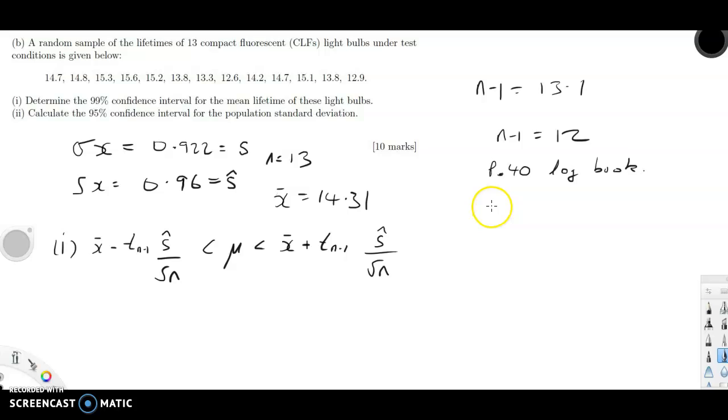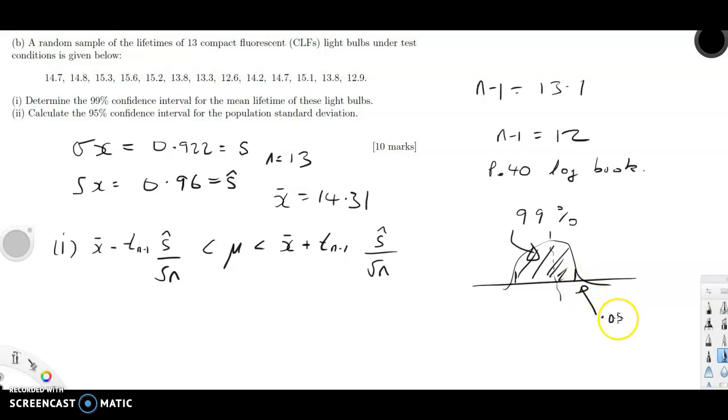Now, you see we're told there is a 99% confidence interval. So this is the shape of our distribution, and we'll have a section here and a section there, and the stuff in the middle has to cover 99%. So that leaves 0.5% for each of these gaps at the side.